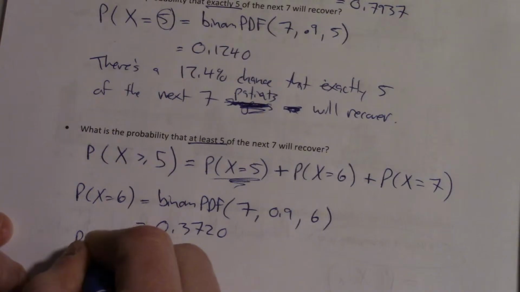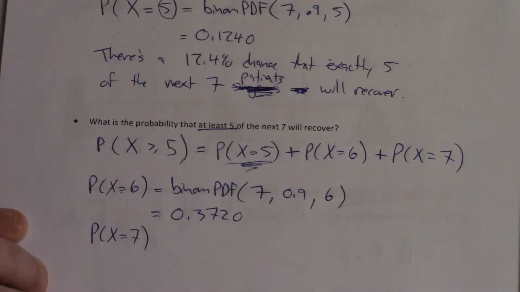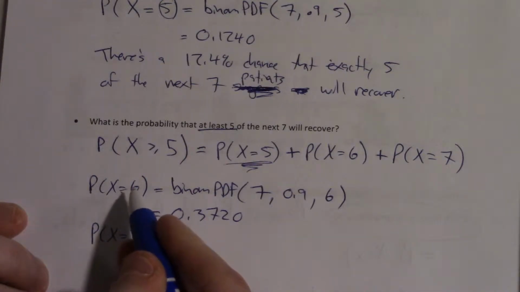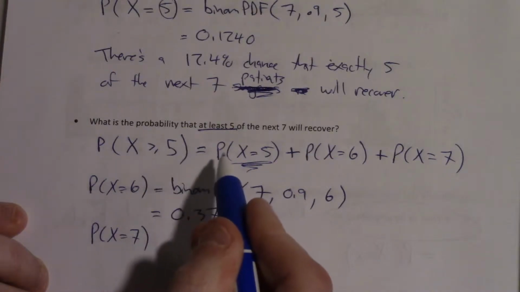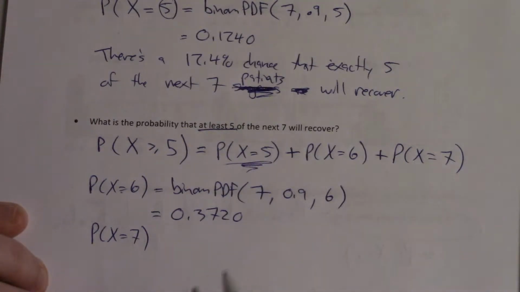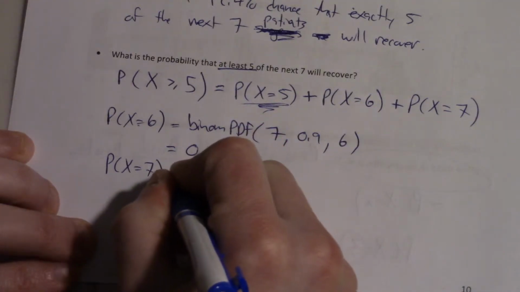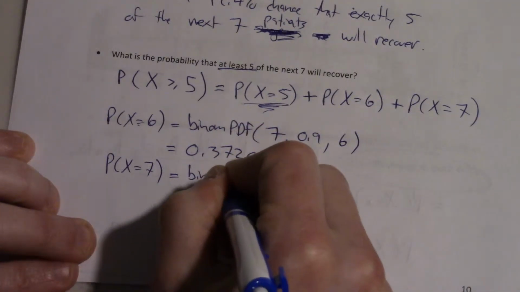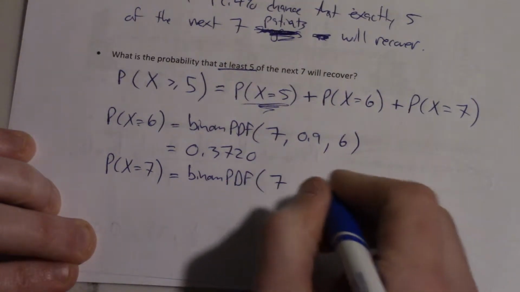We do the same for 7. The binomial PDF helps us find the equals. X equals something. It doesn't work for greater than or equals. So that's why we had to split it into 3 different possibilities. So when x is 7, we use the function again. N is still 7 surgeries.